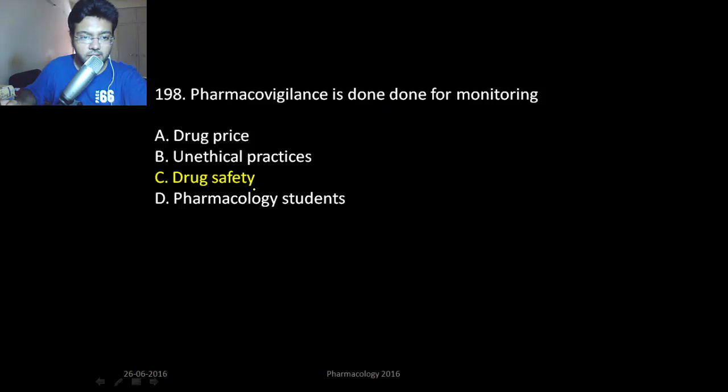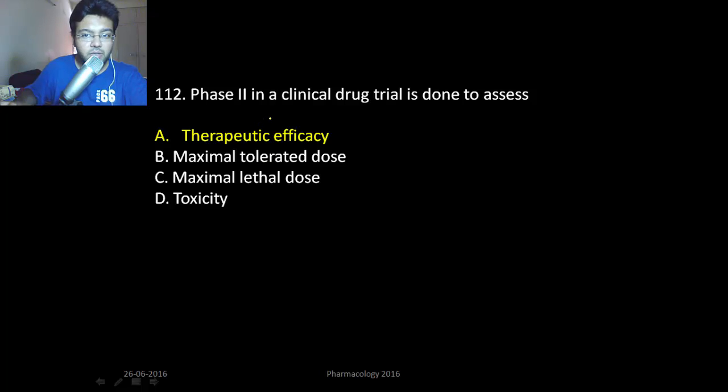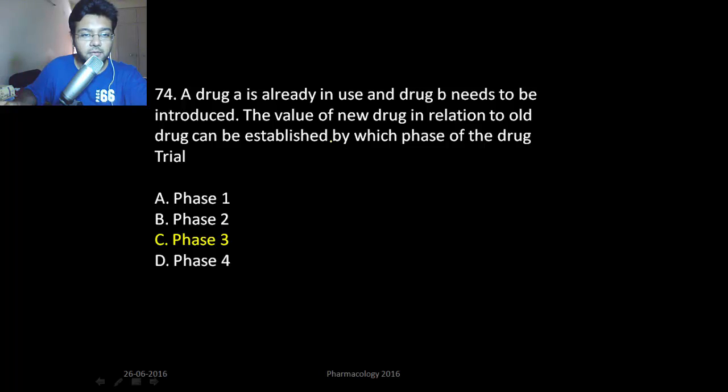Pharmacovigilance is for drug safety, the adverse drug reaction monitoring. Phase 2, you assess the efficacy of the drug. In phase 3, you compare the drug with the previous one, right? The value of a new drug relative to the old drug is assessed in phase 3.